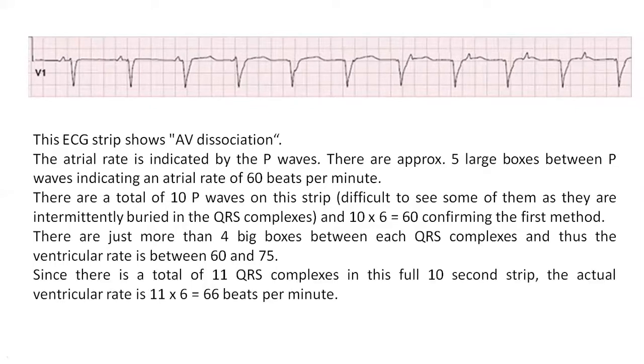So this is how we calculate the heart rate. How many methods do you have? The rule of 300, rule of 1500, and then for irregular heart rates, you have the rule of 10 seconds. These are the easiest methods to calculate the heart rate.